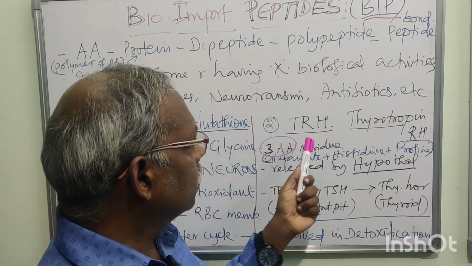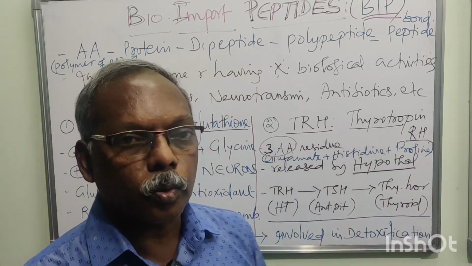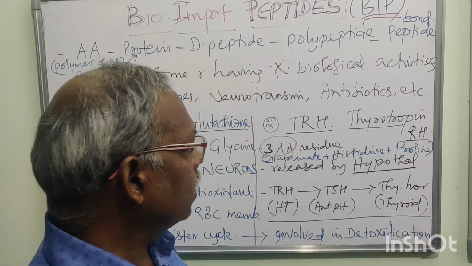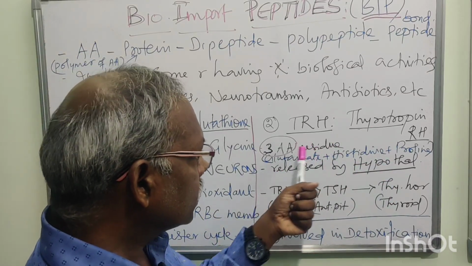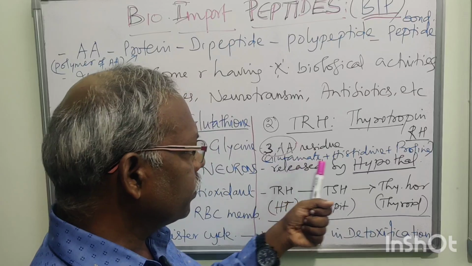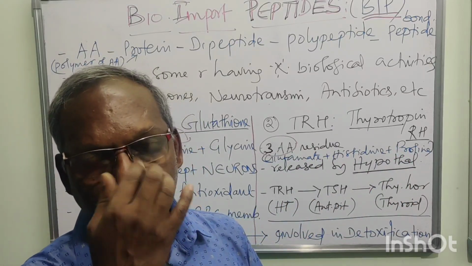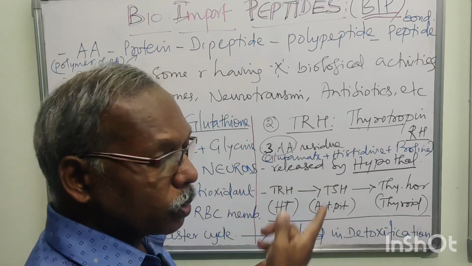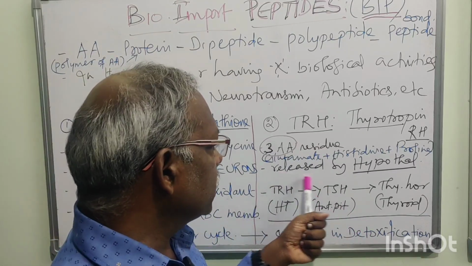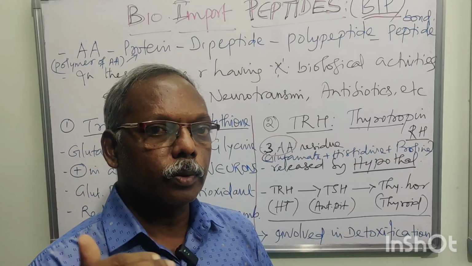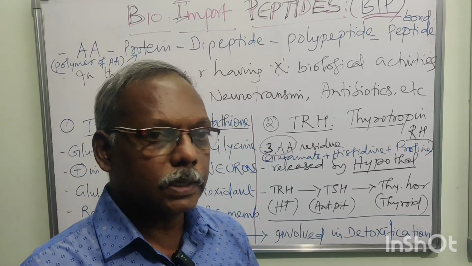The second peptide is TRH, thyrotropin releasing hormone. The 3 amino acids are glutamate, histidine and proline. Again, one more important MCQ. It is released by the hypothalamus. You know the hypothalamo-pituitary-thyroid axis, the HPT axis.